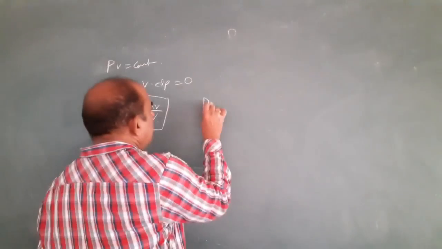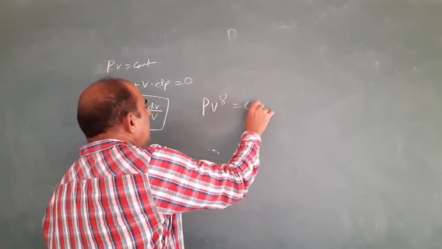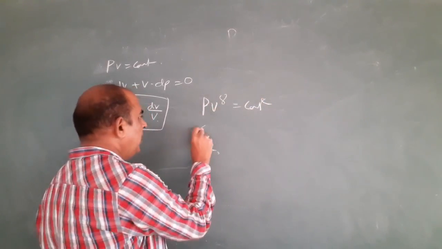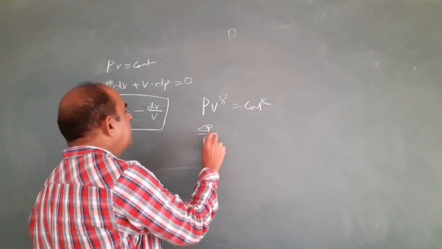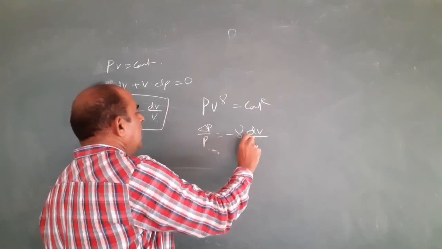Then you can write P dV plus V dP is equal to 0, by differentiation. Therefore, dP by P is equal to minus dV by V. In the adiabatic process, PV power gamma is constant; differentiating both sides and simplifying, we get delta P by P equal to minus gamma times delta V by V.